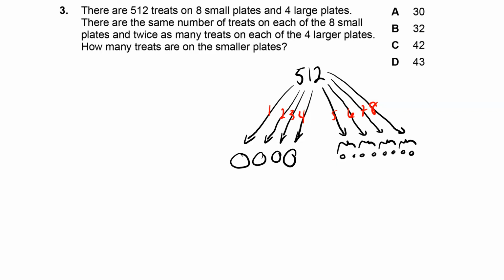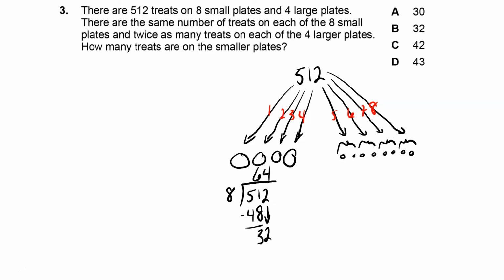So the first step of the problem then is going to be to take 512 and divide it by 8. We know that 6 times 8 is 48. Subtracting 48 from 51 leaves us with 3. We bring down the 2. So we've got 32.